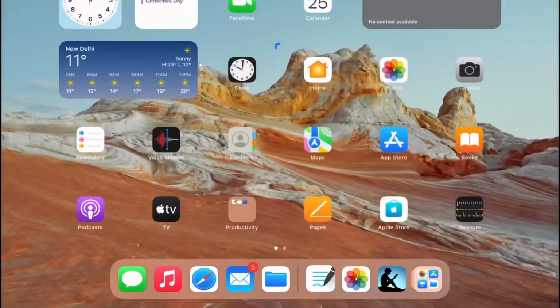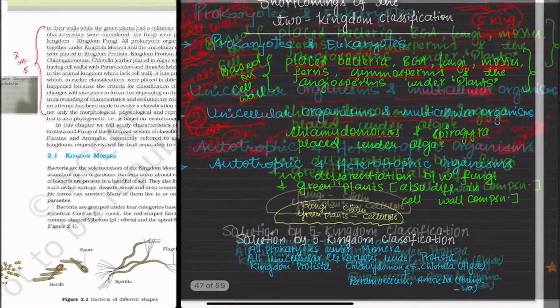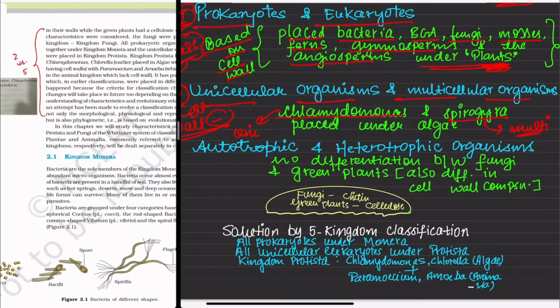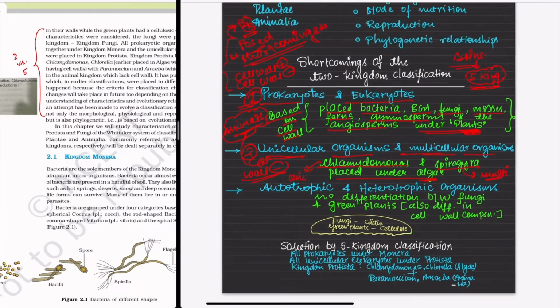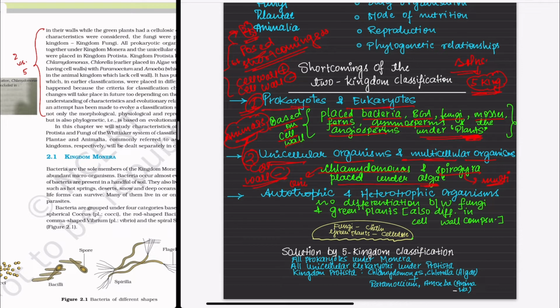Spirogyra is multicellular, and both were placed under algae. Unicellular and multicellular organisms both are placed under alga, which is under plants. So he did not care about prokaryotes and eukaryotes, nor about unicellular and multicellular. He was not a caring person at all.